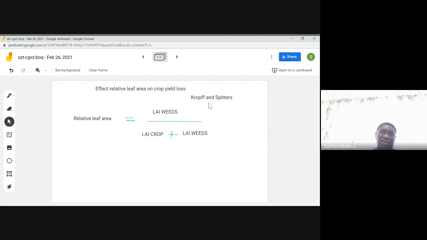So Kropff and Spitters proposed this. So let us look at what sort of graph we get if we plot crop yield loss versus the relative leaf area.